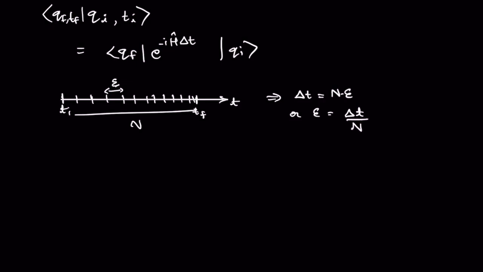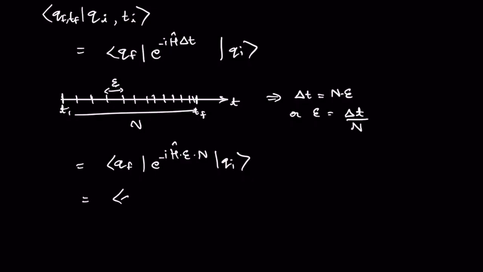So we're going to plug this into the propagator that we have: ⟨qf| e^(-iHεn) |qi⟩.